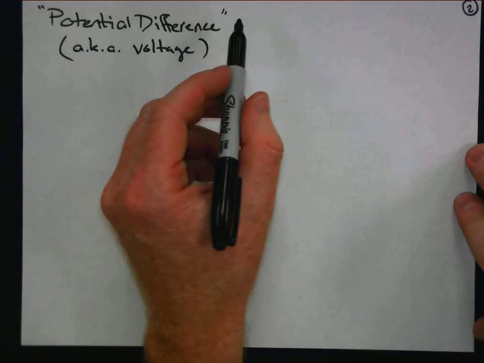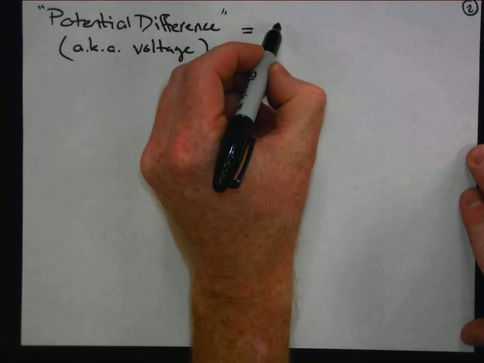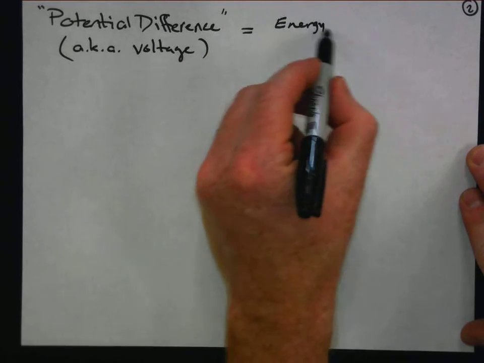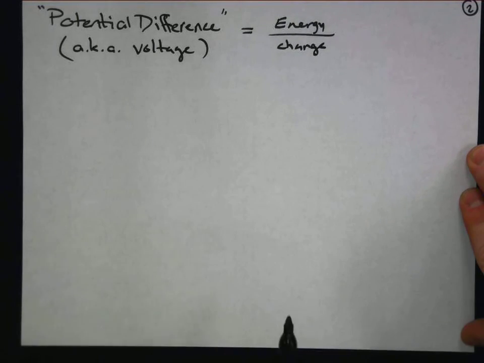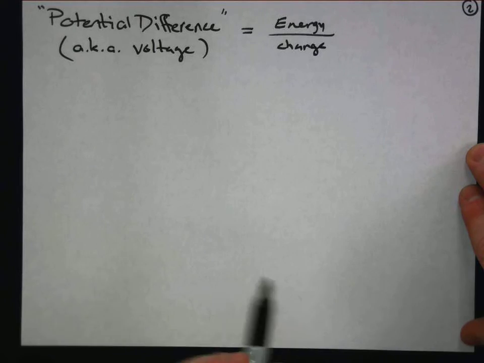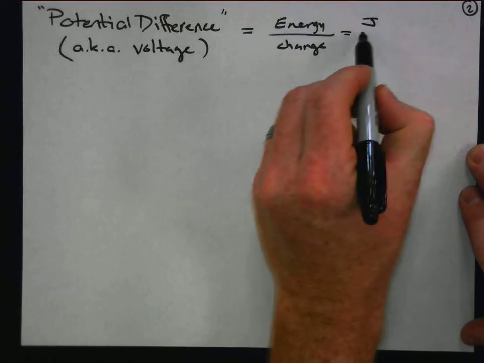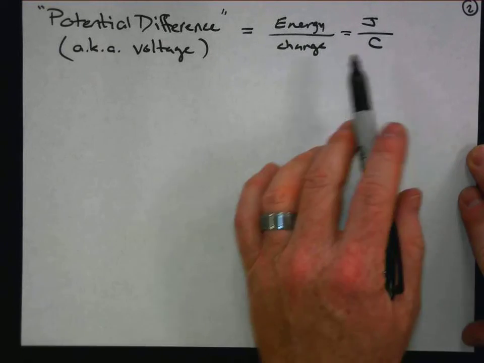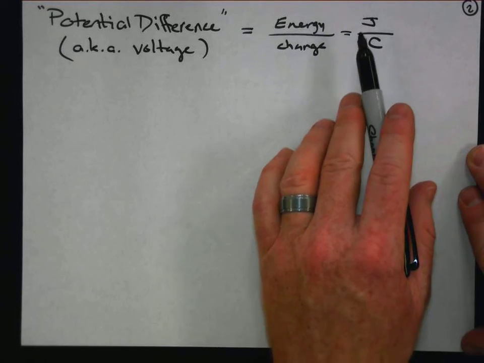Now, potential difference, technically speaking, is the amount of energy per charge. Cool. And that's easy to understand. And now energy is measured in joules, right? Joules. And charge is measured in coulombs, capital C. And the nice thing is that we can combine these two, joules per coulomb.